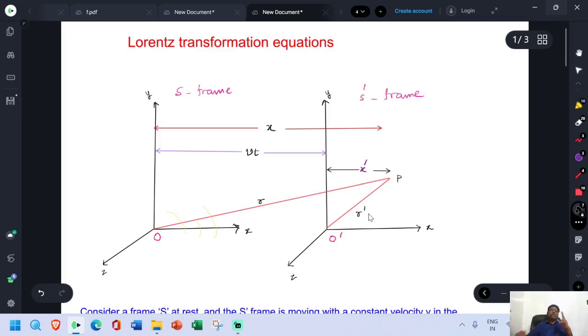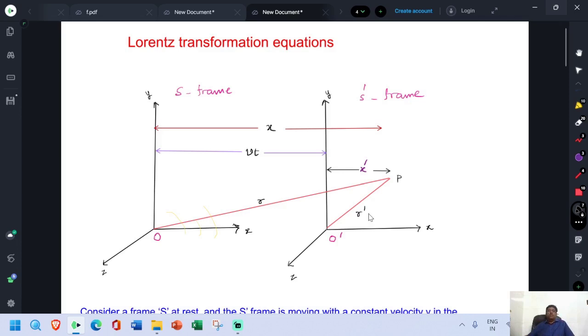Two points you have to concentrate on. At t equal to 0, the wavefront is originating. The propagating wavefront is increasing its radius. It is a spherical wavefront of increasing radius. After the time t, the position of the wavefront is predicted by the observers O and O dash.